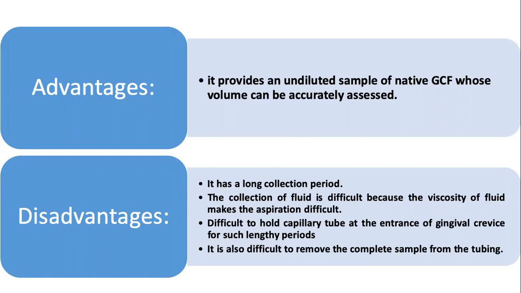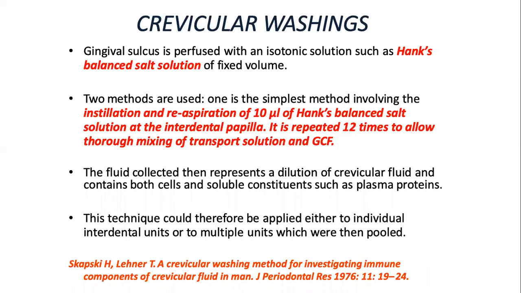It is also difficult to remove the complete sample from the tubing. You can understand, this capillary tube is so small in diameter, will you be able to collect the entire amount? Some amount will be sticking to the internal walls of the tubing. So this is the disadvantage of micropipettes.